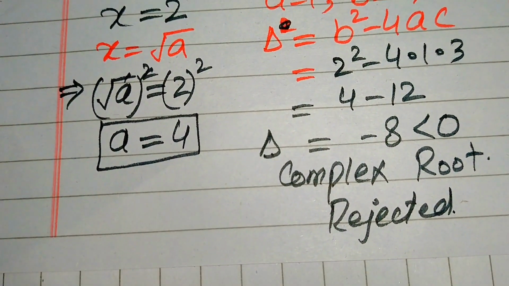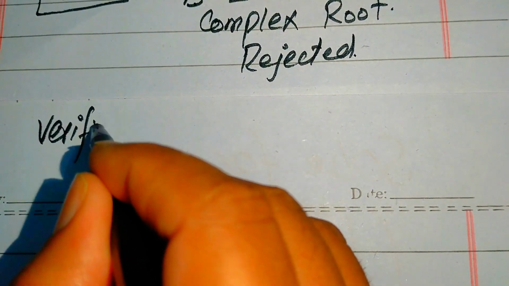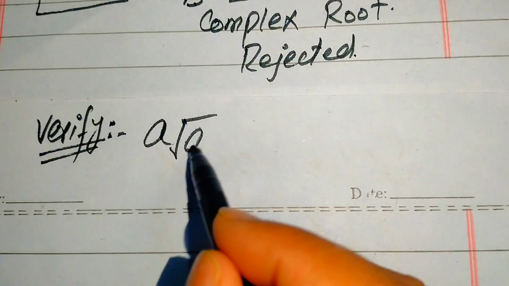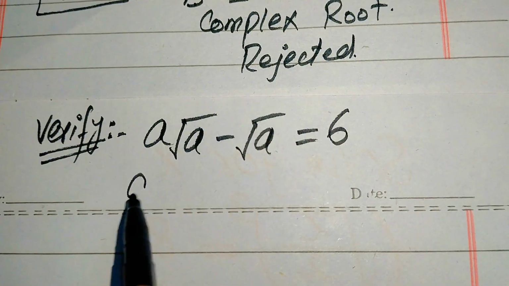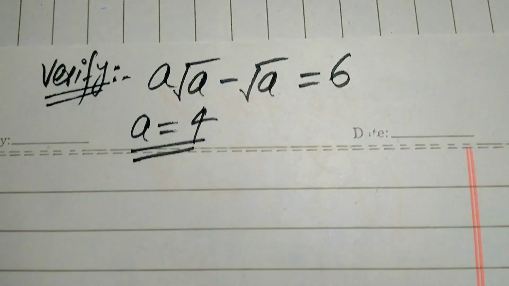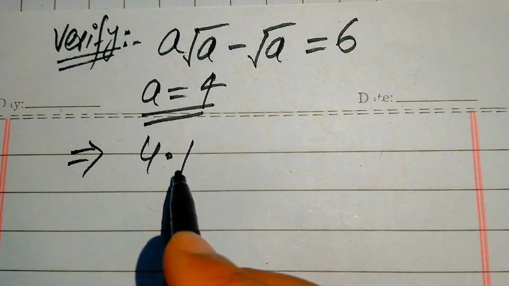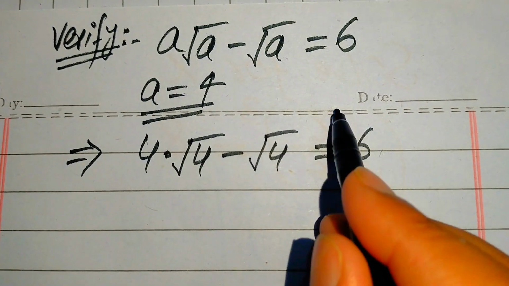In the next step we need to verify whether this value of a is a solution or an extraneous root. For verification, we copy down the given question statement: a times square root of a minus square root of a equals 6. We substitute a equals 4 into the left hand side and check. It becomes 4 times square root of 4 minus square root of 4, is it equal to 6 or not?